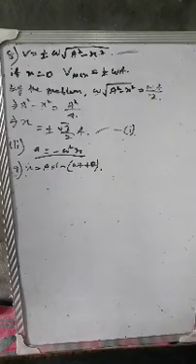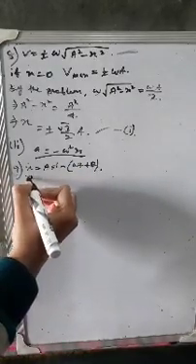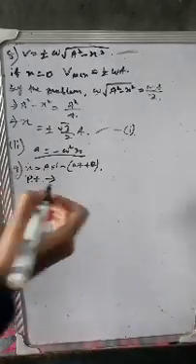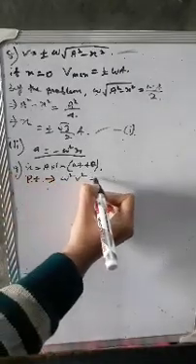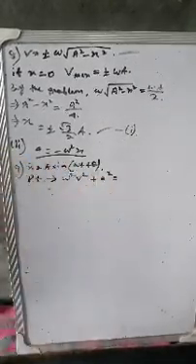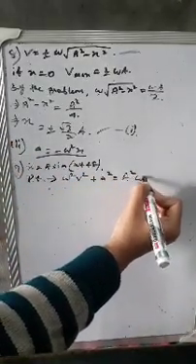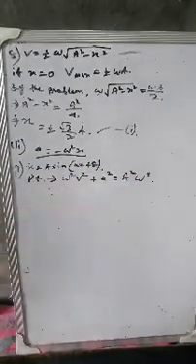Now show that the velocity v and the acceleration a are related by one equation that you have to prove. I'm writing in short as prove that: omega square v square plus a square equals a square, that is your amplitude square, omega 4. This is your acceleration, this is your amplitude.